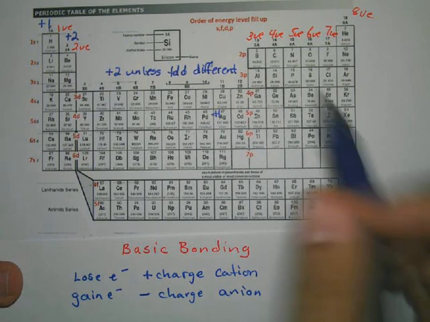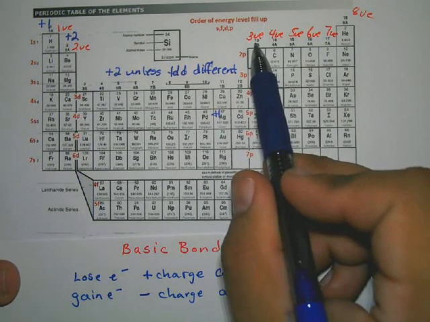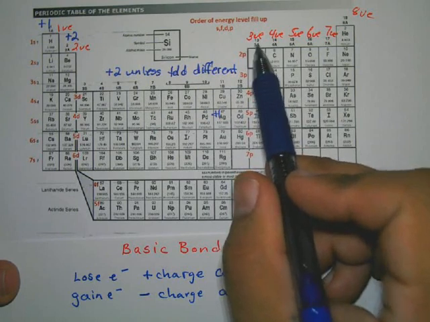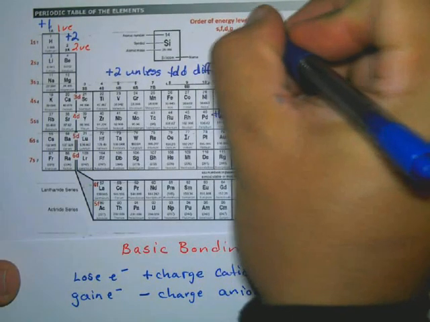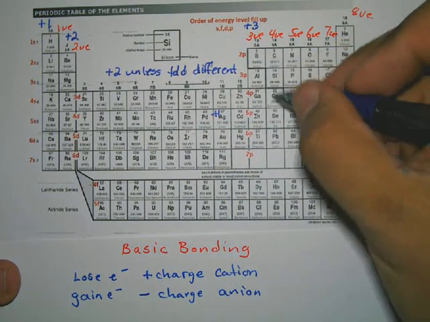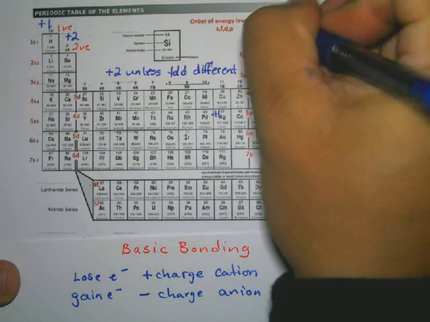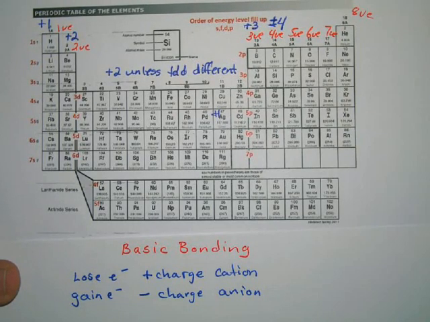Now, then we get to group 13. They have 3 valence electrons. Again, it's still easier to give away 3 than to try to gain 5 more. So they take a +3 charge. And carbon and these guys, they're in the middle, so they're going to go plus or minus 4 because they can either give up or take since they're in the middle. They're kind of like hydrogen.